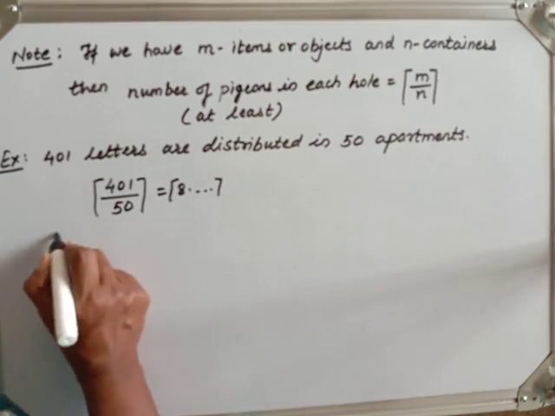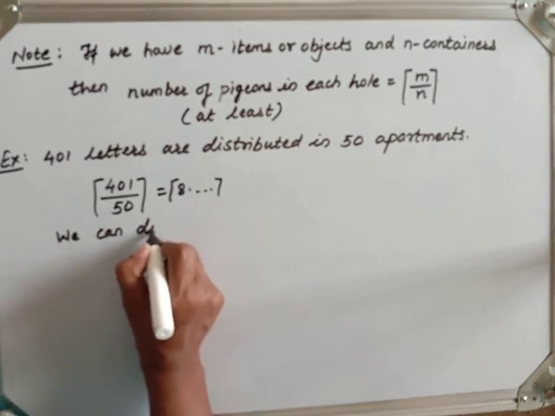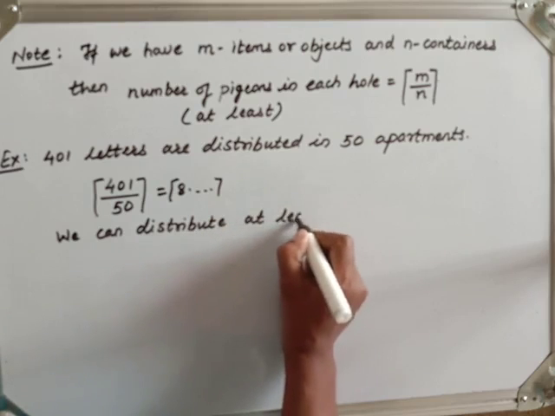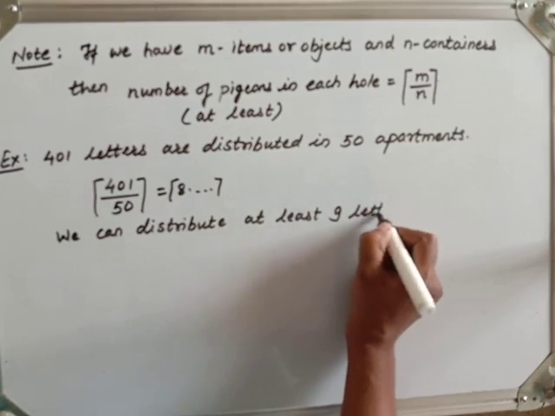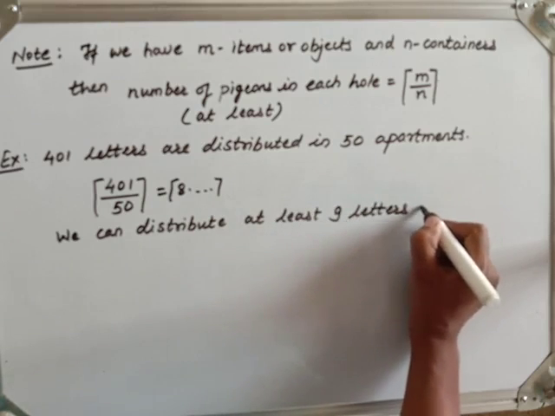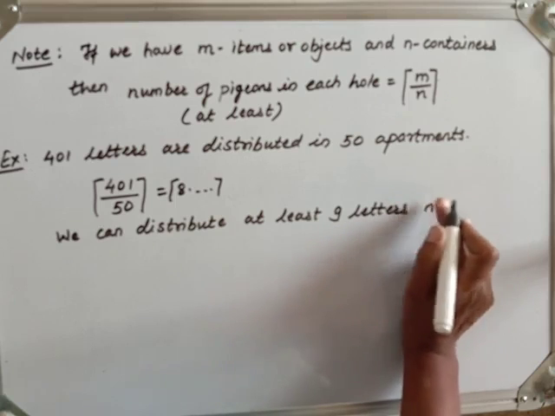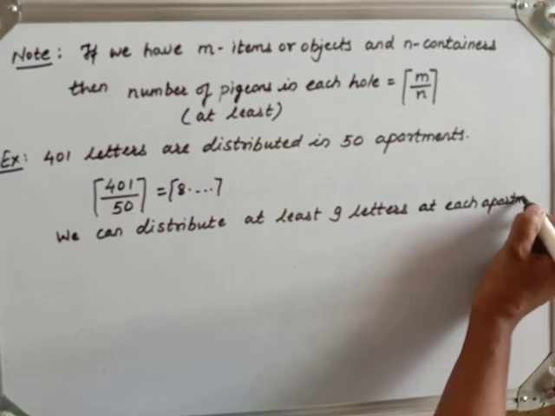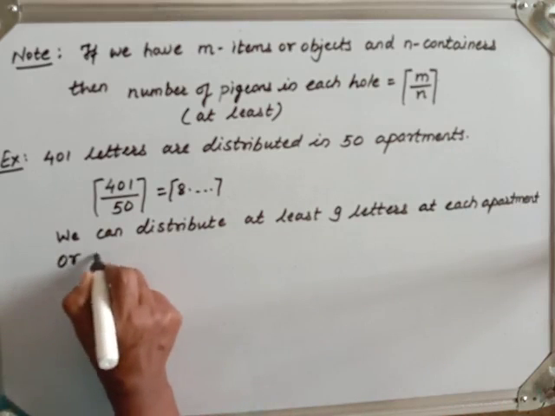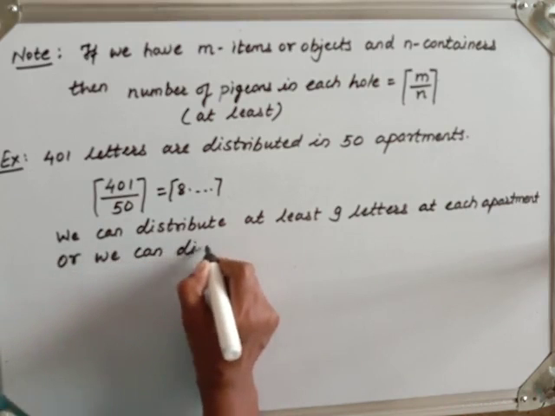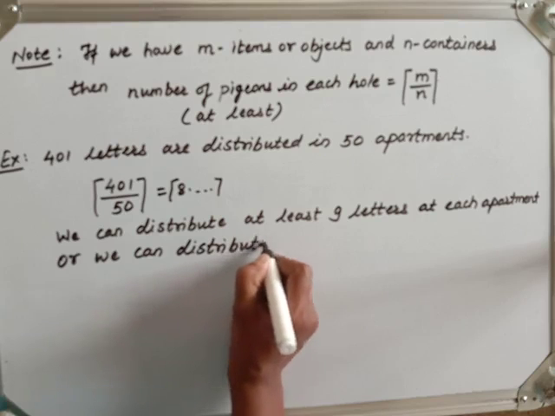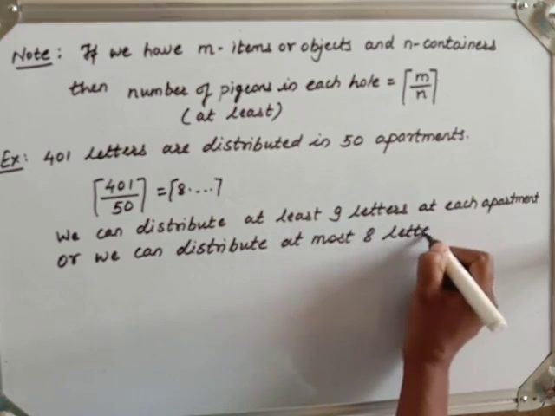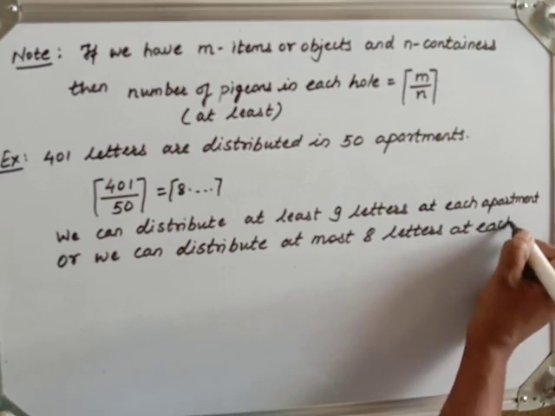So what can we say? We can distribute at least 9 letters at each apartment, or we can distribute at most 8 letters at each apartment.